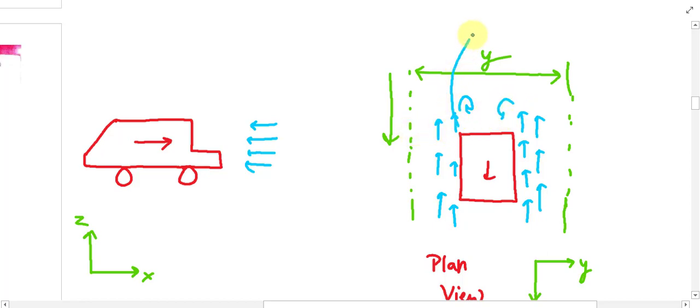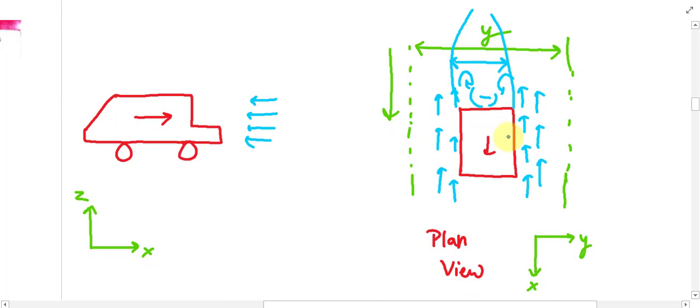This portion is known as wake, and in this portion there is a negative pressure. Here is a positive, here is a negative. Due to this pressure difference, a force acts against the motion. So this is behind the vehicle.